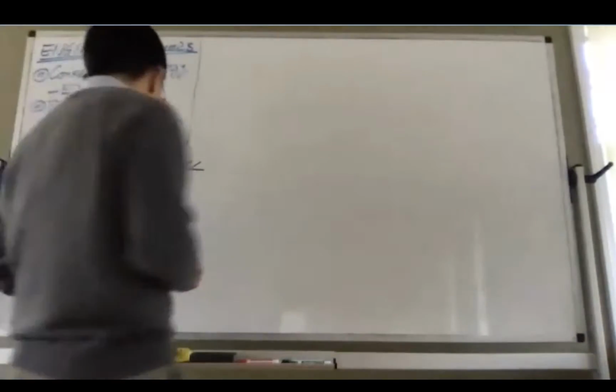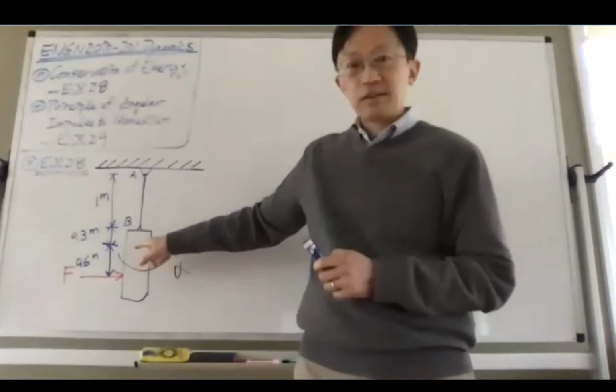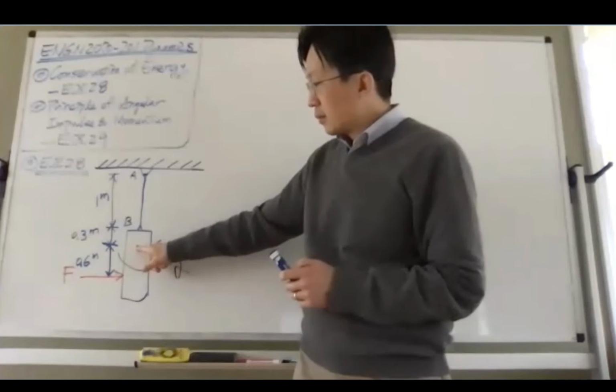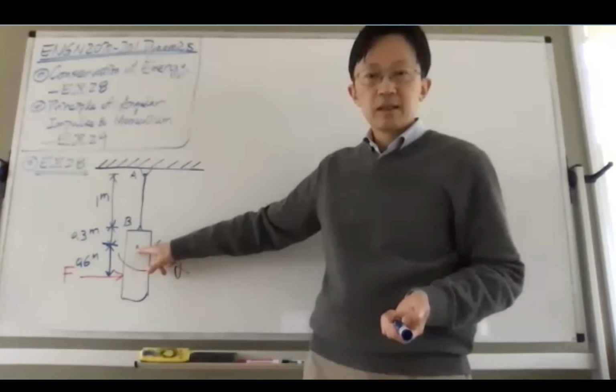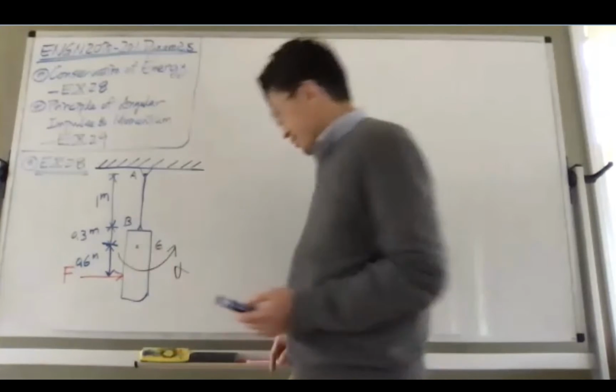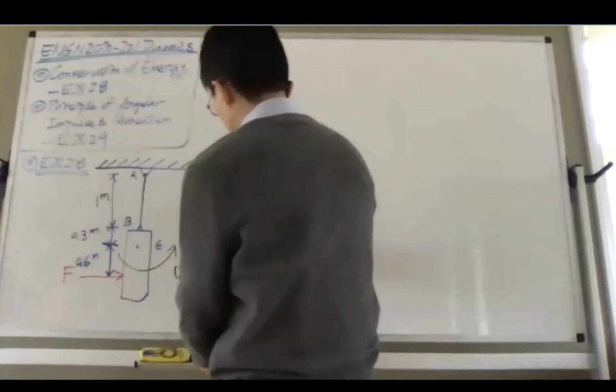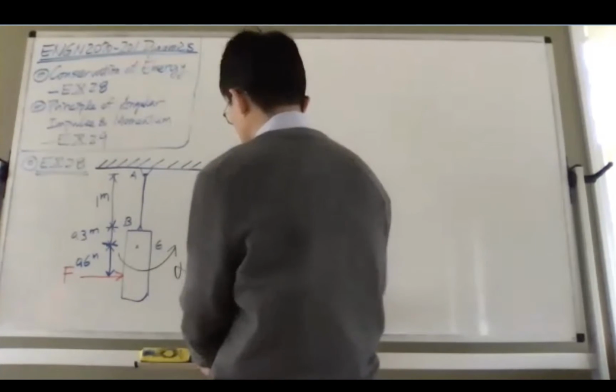In the meantime, because of this angular motion, the center of gravity will also exhibit linear acceleration. So there's going to be two linear acceleration components at the center of gravity of this punch bag.